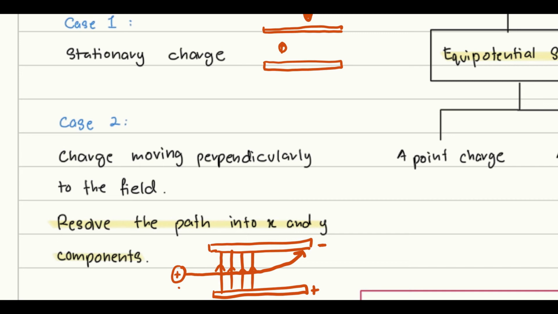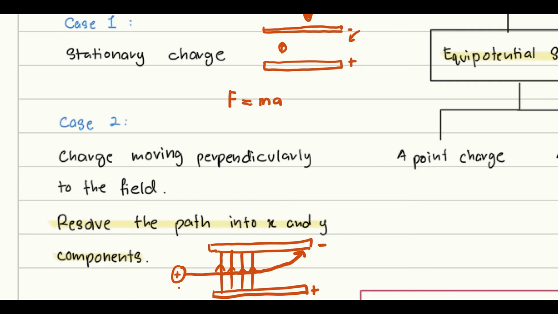Basically, any charge in between the two plates experiences a force, because it tends to be attracted to one of the two plates, either positive or negative. This force will contribute to the motion of the charge. So we have F equal to ma.